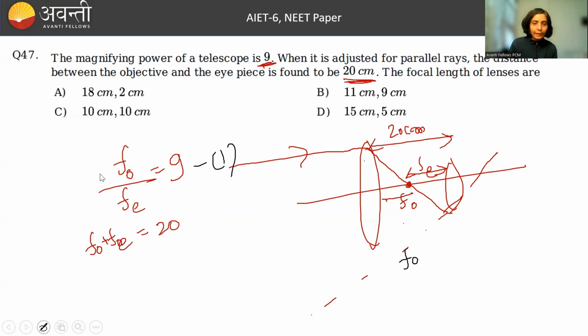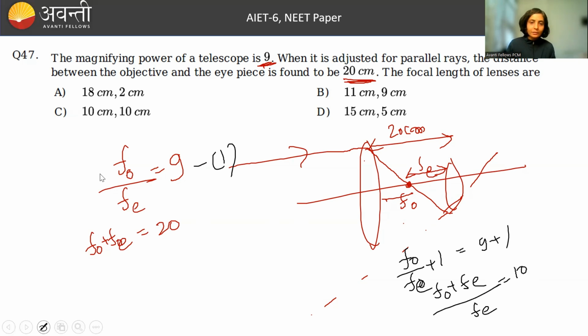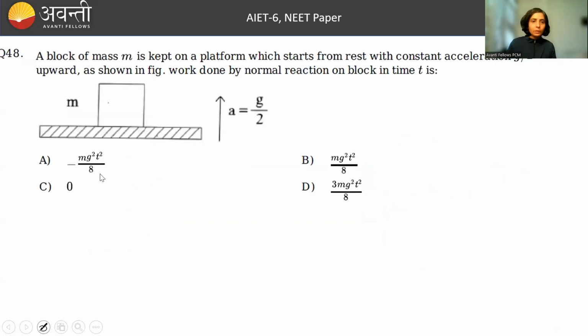So if I add 1 on both sides of the first equation, this will become (F0 plus Fe) by Fe equal to 10. And this is 20, right? So Fe will become 2 centimeter. And if Fe is 2 centimeter, F0 will be 9 into 2, that is 18 centimeter. So the correct answer is 18 centimeter and 2 centimeter. Okay. Just from the formula.